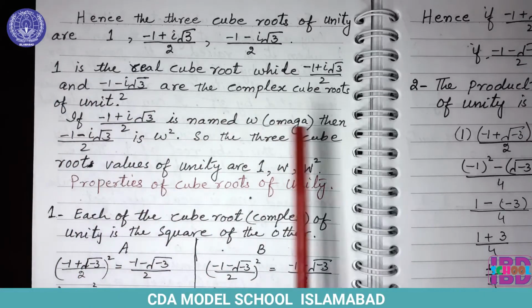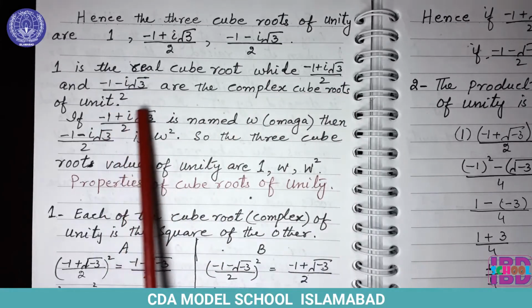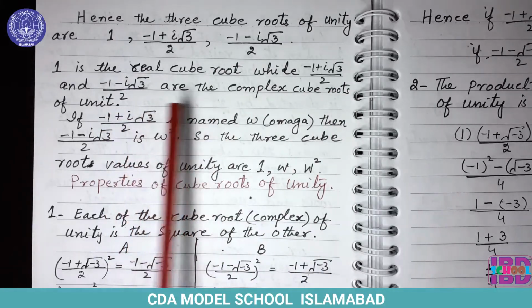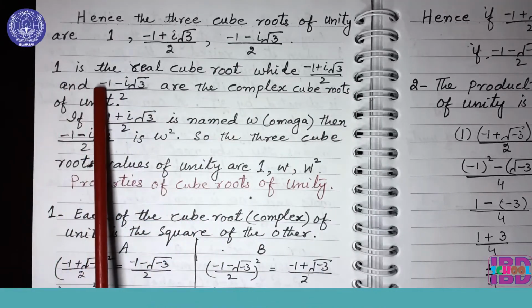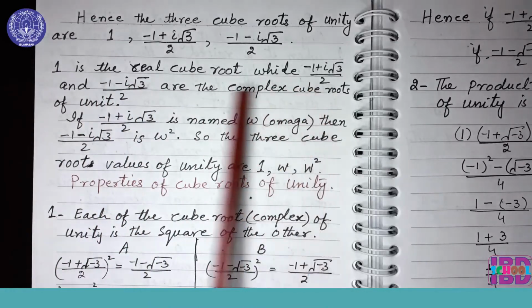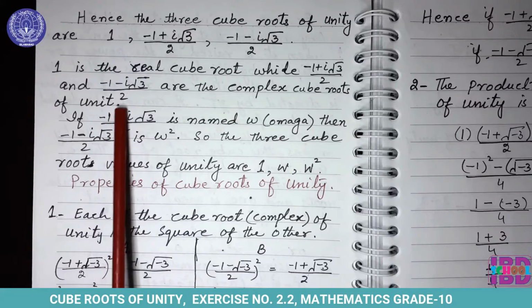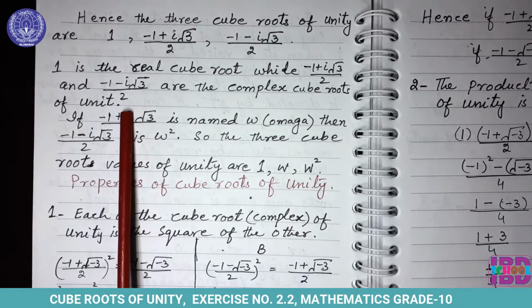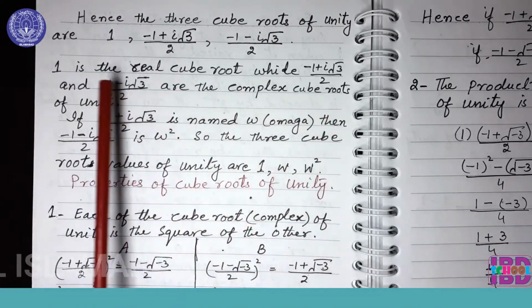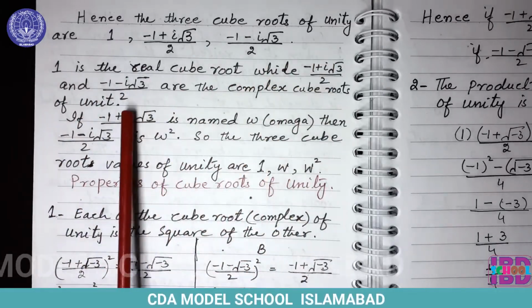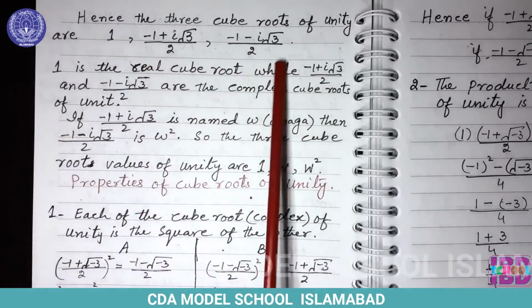Hence 3 under root 1, that is cube root of unity, is equal to 1, minus 1 plus iota under root 3 by 2, and minus 1 minus iota under root 3 by 2. These are the 3 values of cube root of unity.